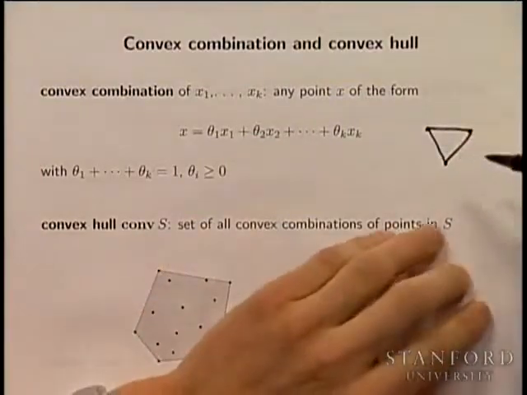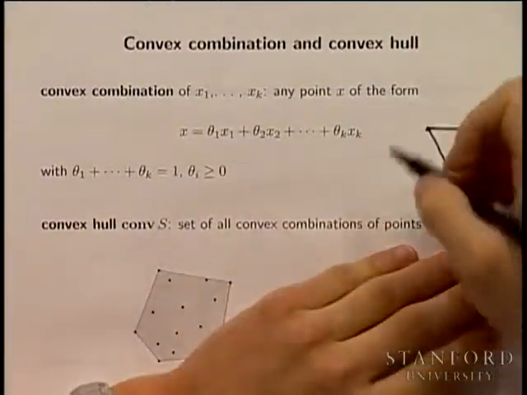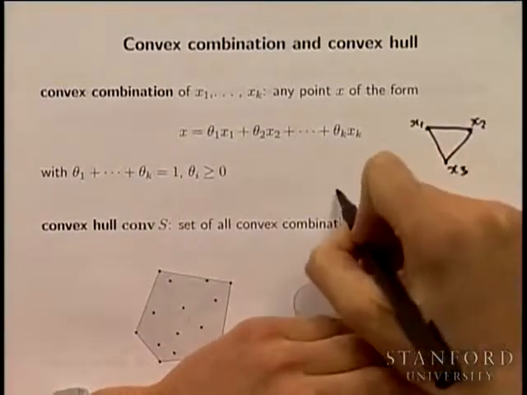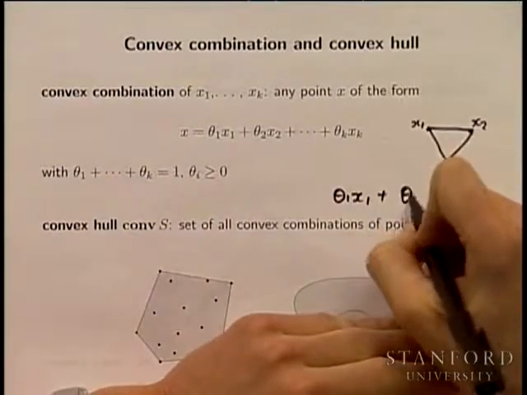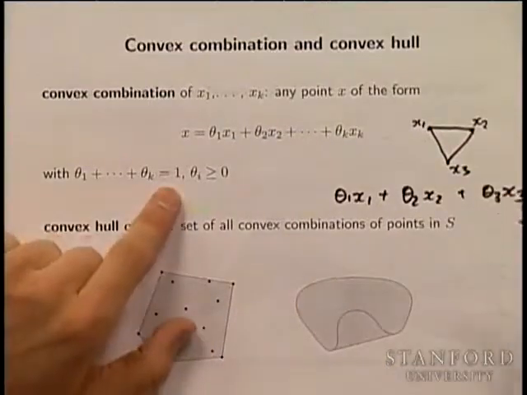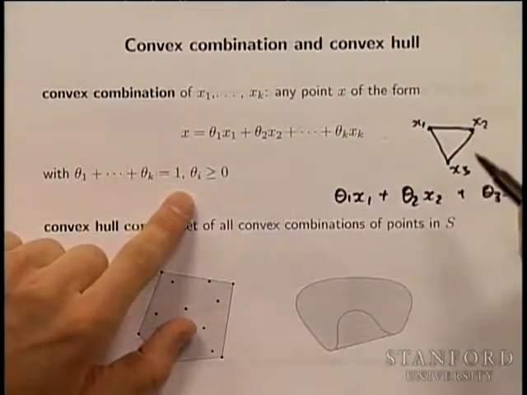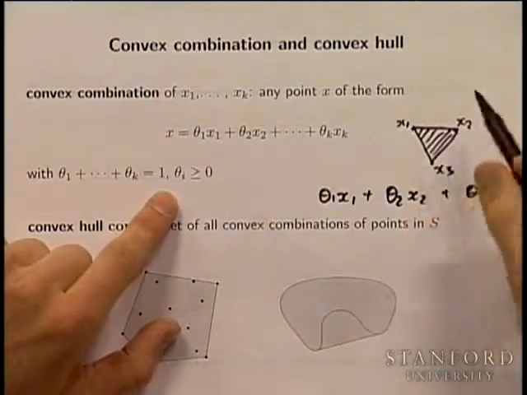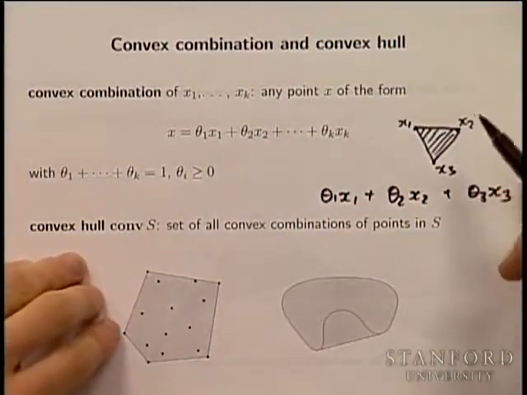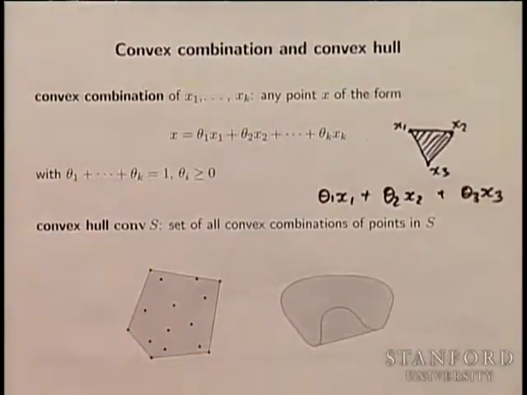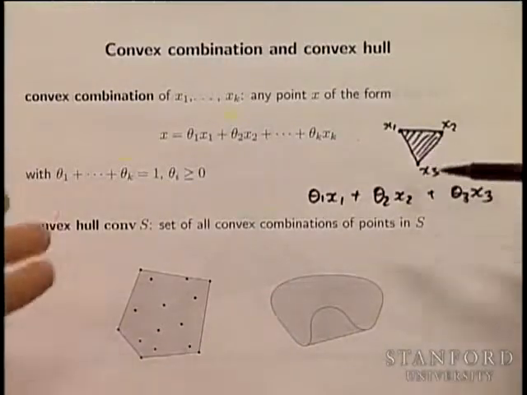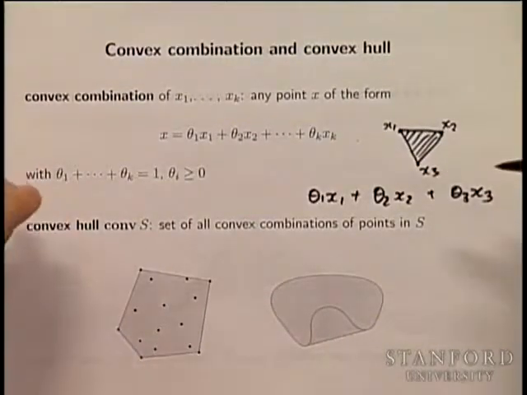If you do the math, you'll find that as you vary, let's make these x1, x2 and x3, theta 1 and theta 2 and theta 3, always non-negative, and you vary them so that they sum to 1, the set of points that this sum traces out is called the convex hull of this set. Okay, so we can take any set of points, or just a set, and we can form the convex hull by finding all of the convex combinations of points within that set.